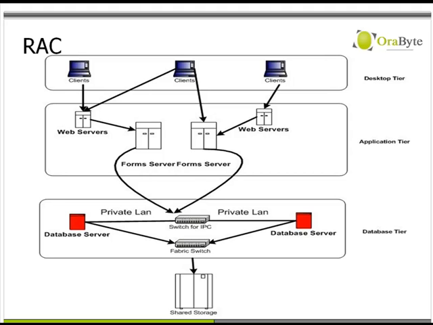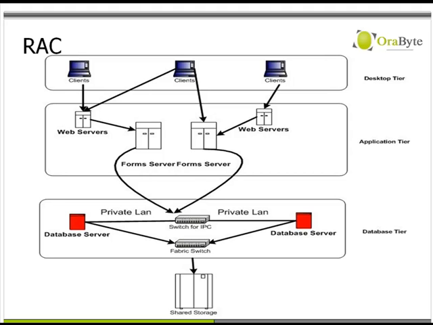So this is a typical architecture for a protected Oracle deployed architecture. We have multiple application tiers. They are all protected. We have now, in this example, two database machines.